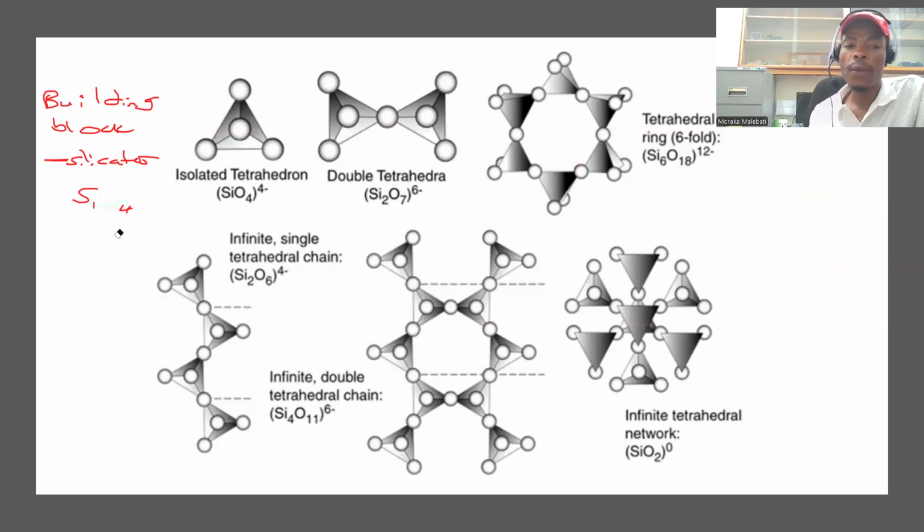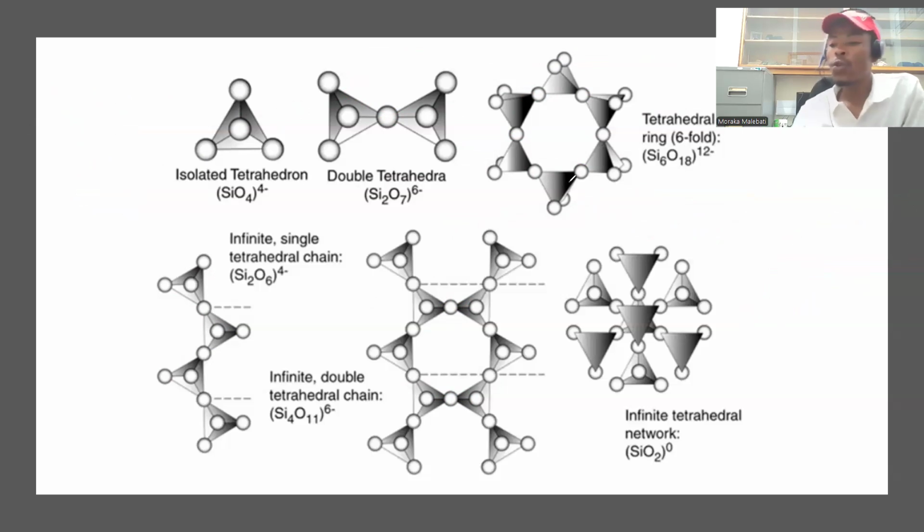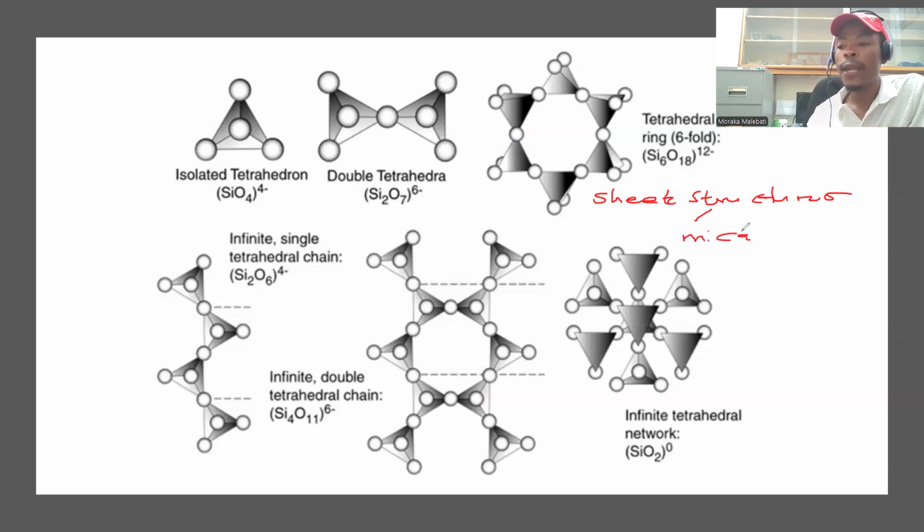And then you can also have the phyllosilicates, or what you call the sheet structures. Phyllosilicates are sheet structures, and for example, that's what we see in micas and the clay minerals.